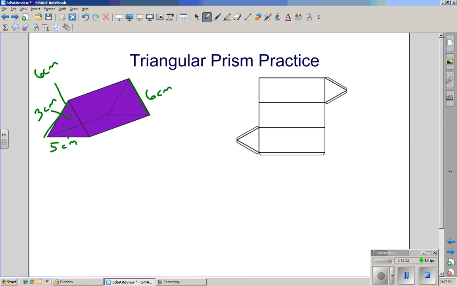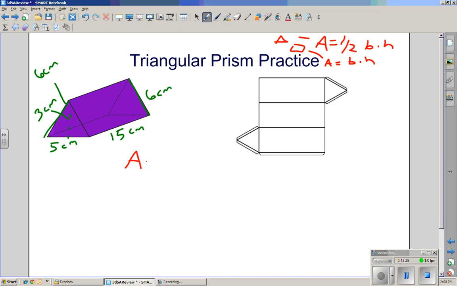And the base of my entire shape will be 15 centimeters. Please pause it right now and complete. Don't forget that my equations are A equals 1/2 base times height for my triangle and A equals base times height for my rectangles. Okay.